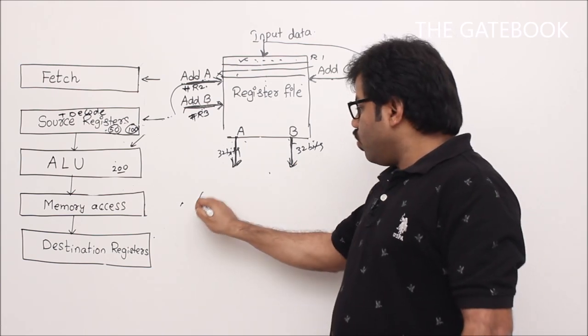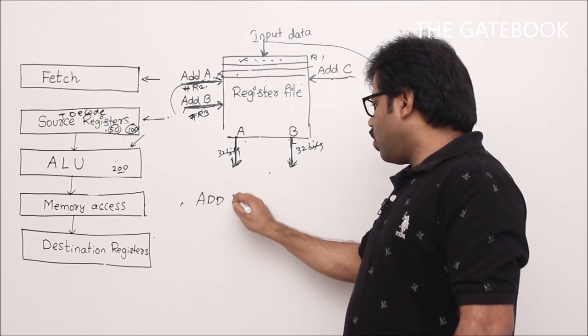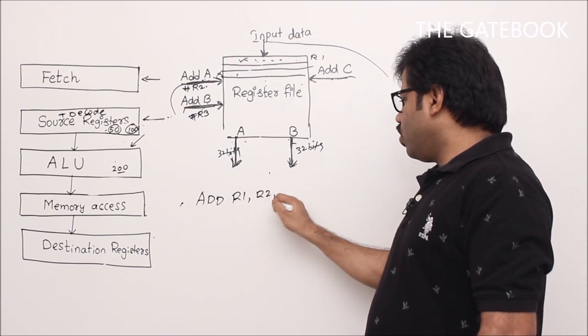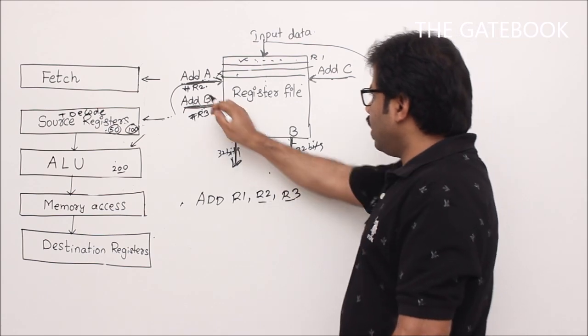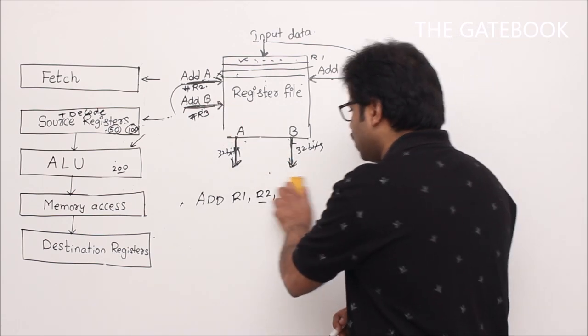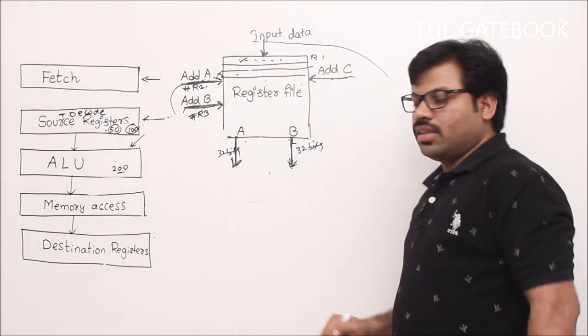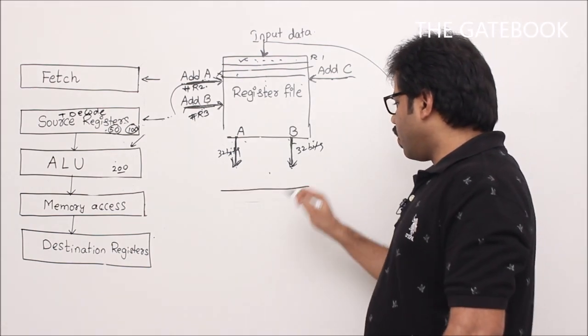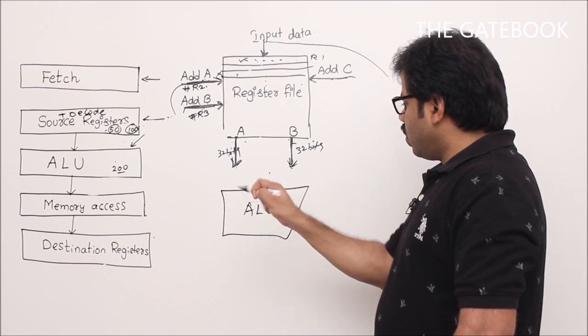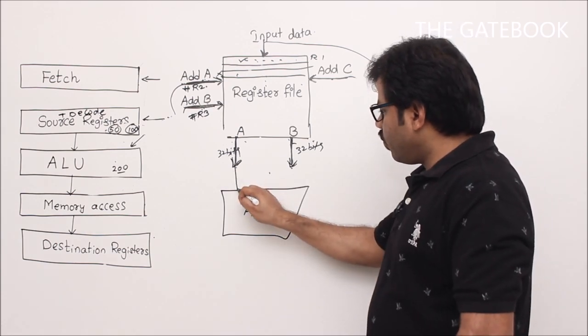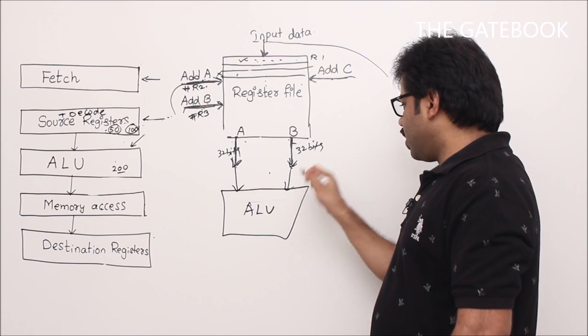Now, if you really want to implement add R1, R2, R3, you have to connect R2 comma R3 here and take the data. Data comes from here. Then take an ALU, let's say this is your ALU, and we connect one of the inputs here, one of the inputs here.